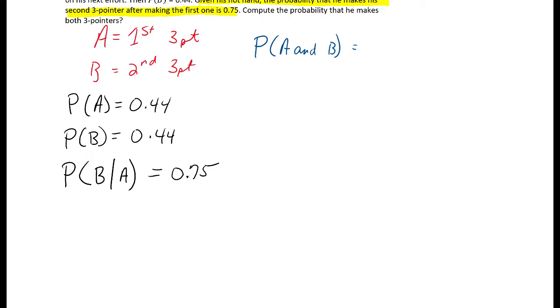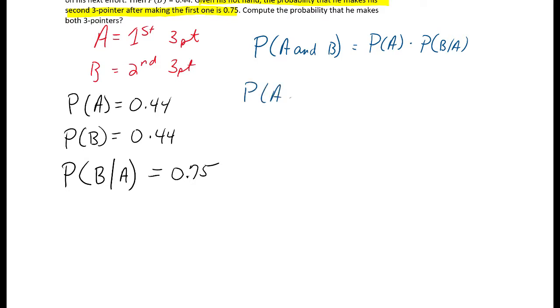That's the probability he makes the second three-pointer given, remember that vertical line means given, that he made his first three-pointer. So now the question becomes, which formula do we use? Remember, there's two formulas. Let me write them both down here. It's the probability of A times the probability of B given A. That's one formula.